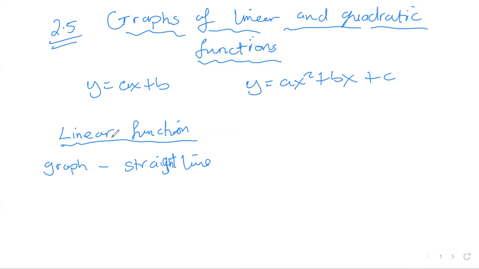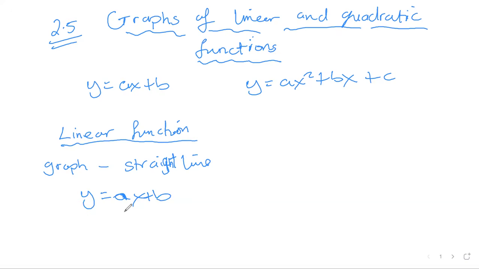And given a linear function of this form, to find its x-intercept, what you need to do is to set y equals 0 in this equation and solve for x, and to find its y-intercept, set x equals 0.